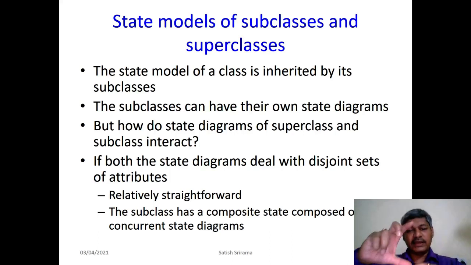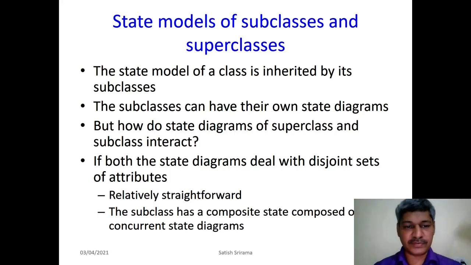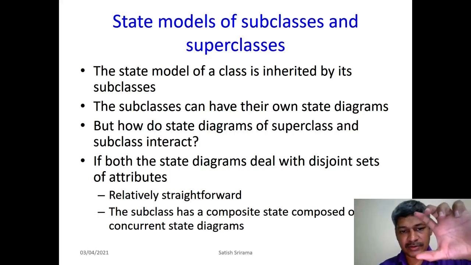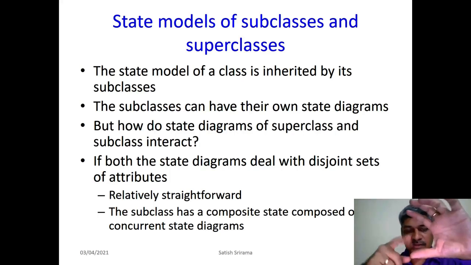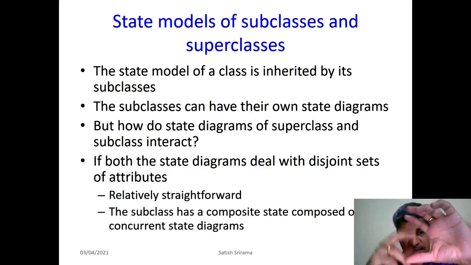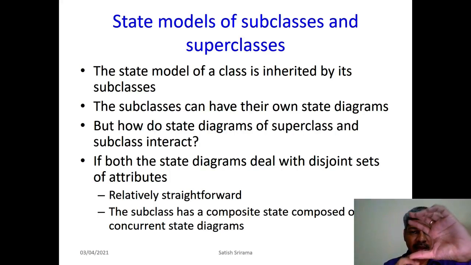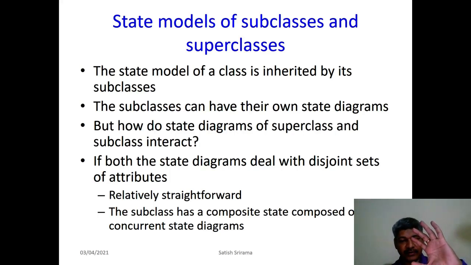If the state diagrams of the subclass and superclass deal with disjoint sets of attributes, where the superclass has certain attributes and the subclass has some more but inherits those of the superclass as well, then it is relatively straightforward.